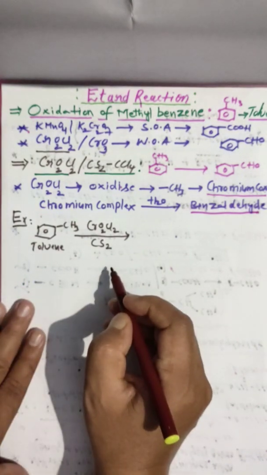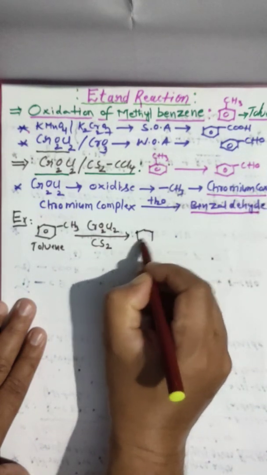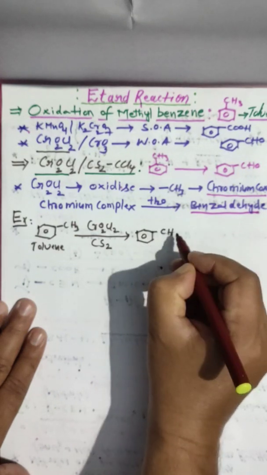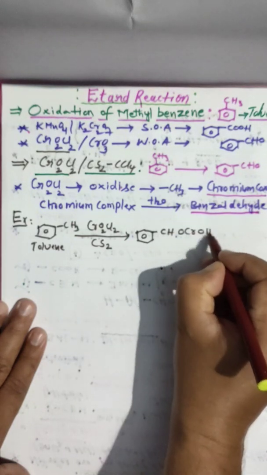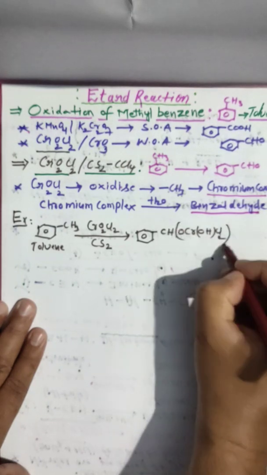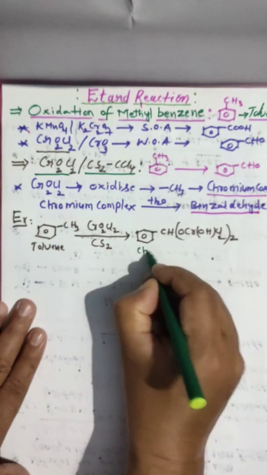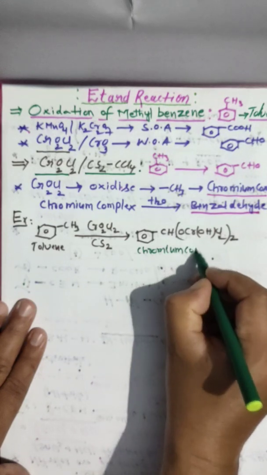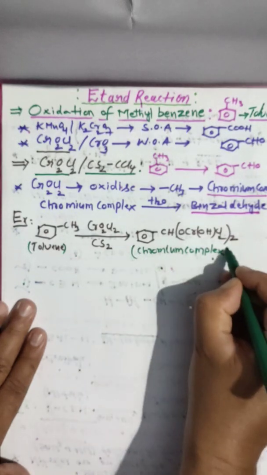What you get is a chromium complex: CH(OCrOHCl2)2. This we call the chromium complex, or the Étard complex.